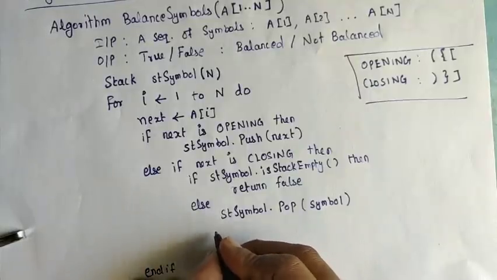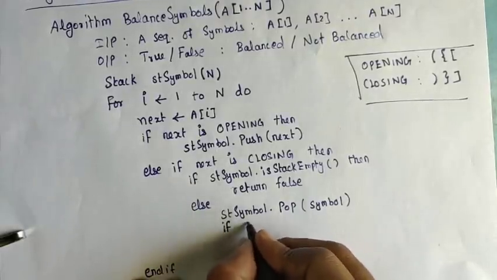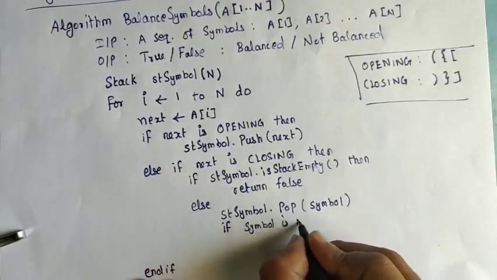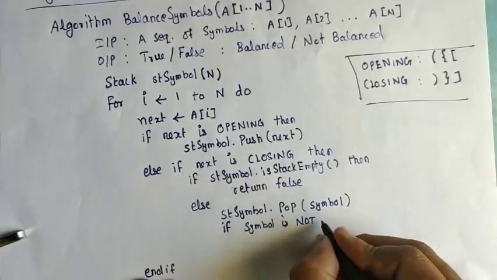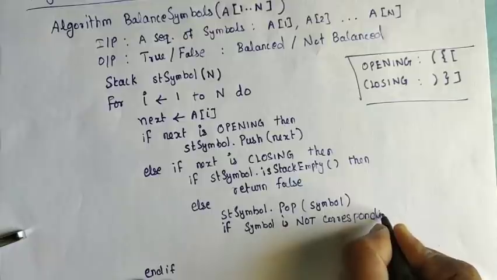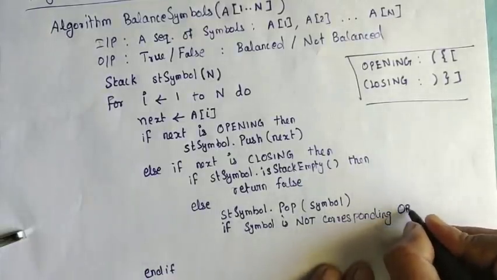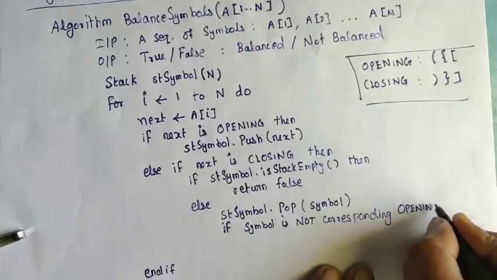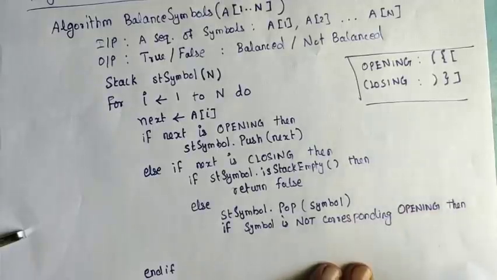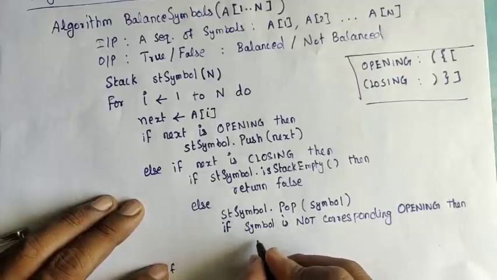So we have to check if that symbol is not the corresponding opening, then I have to return false.